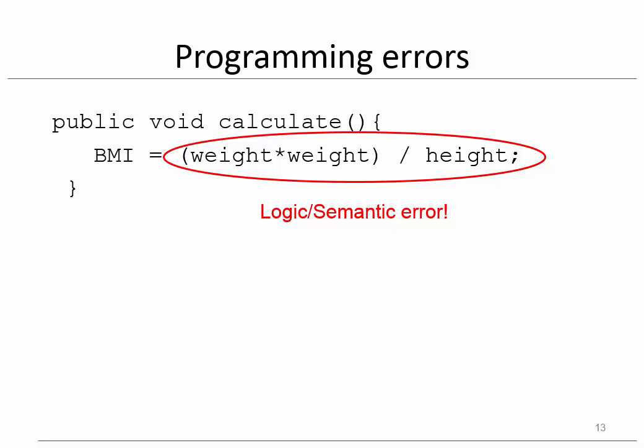Here it has been incorrectly programmed. So the logic or the semantics of our program is incorrect. It speaks for itself that these types of errors are very hard to detect because actually the program will give an output in this particular case, but the output will be incorrect.